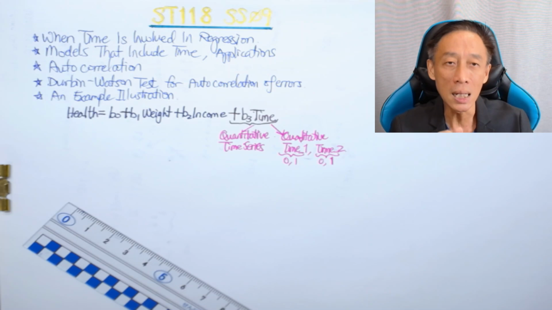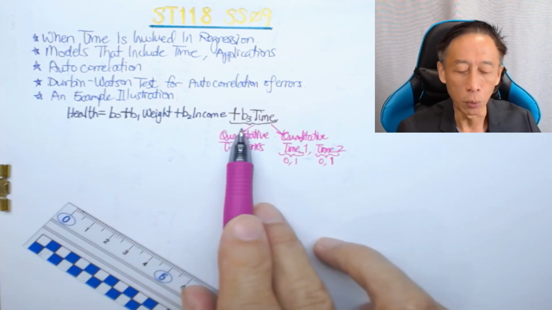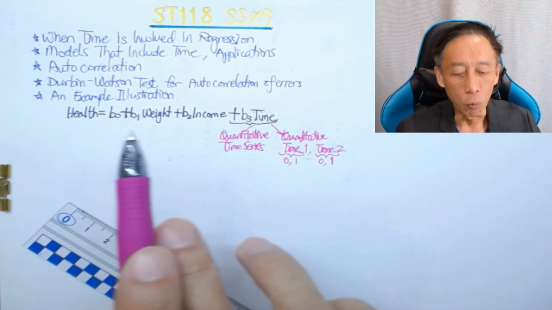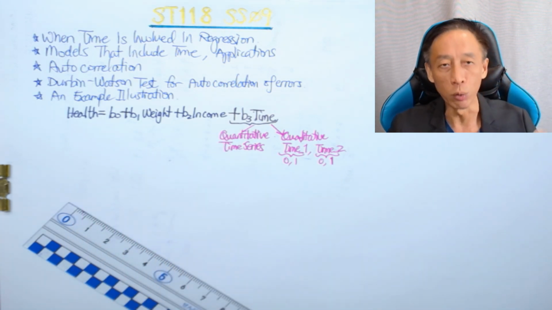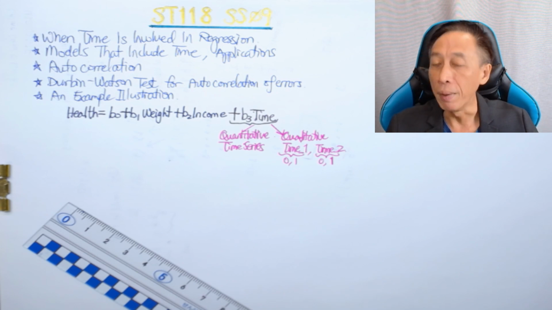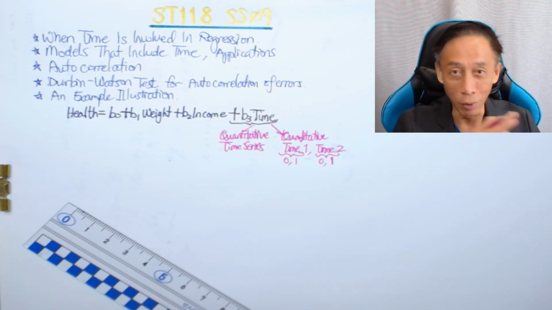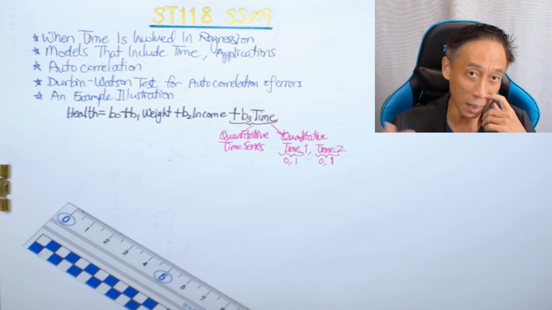That means the second year, the participants are involved in our program of study. What were their health, weight, and income numbers? Then we do regression, right? So if we have 10 timestamps, that means we study the same group of participants for 10 years, then we have 10 regression models, one for each year.